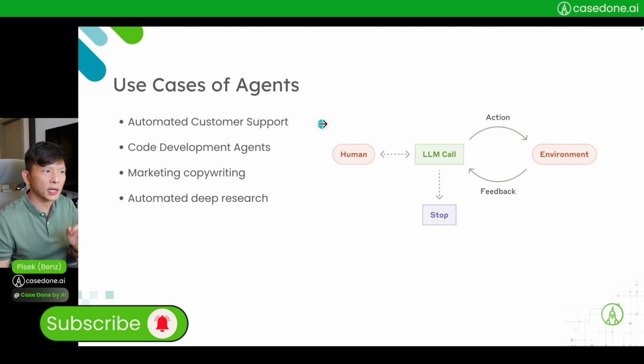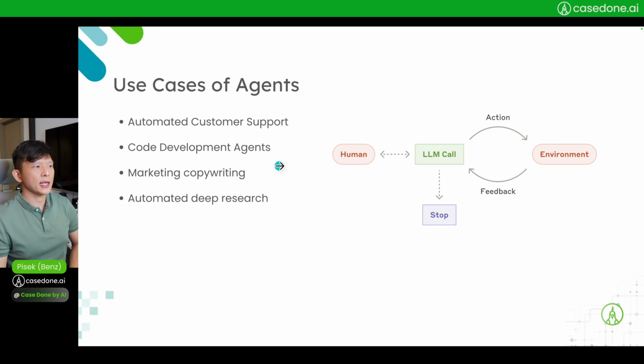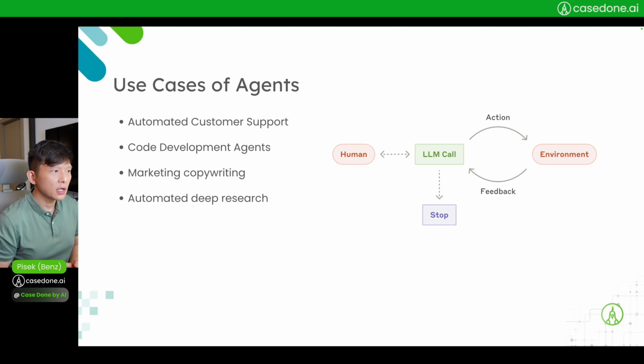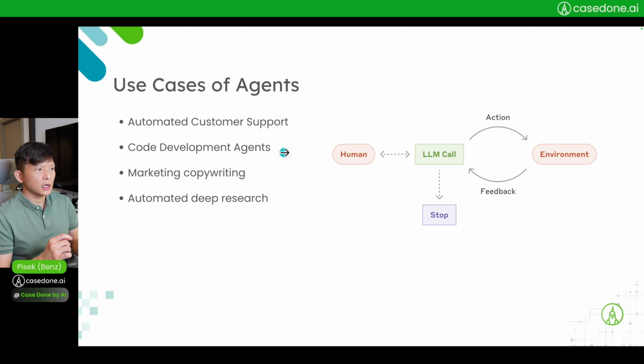So the first one is automated customer support. The second one is coding and development agents, AI agents that help you develop your code, acting as a software engineer. This is great because you can measure the performance of the agent. If the AI agent writes good code, then the code should pass the tests, the unit tests and whatnot.